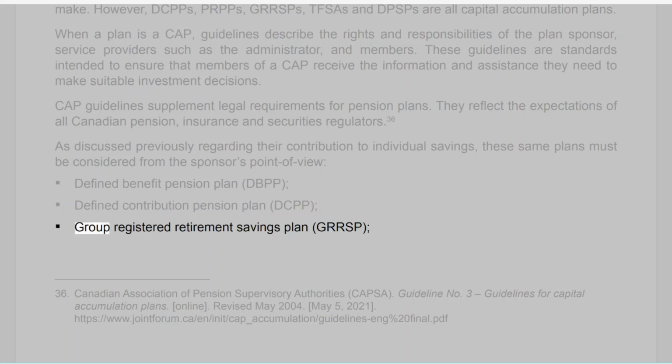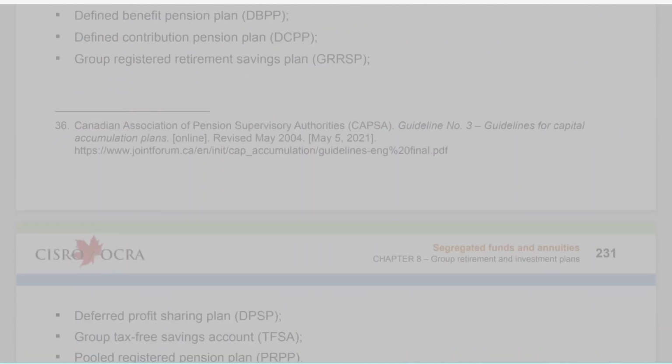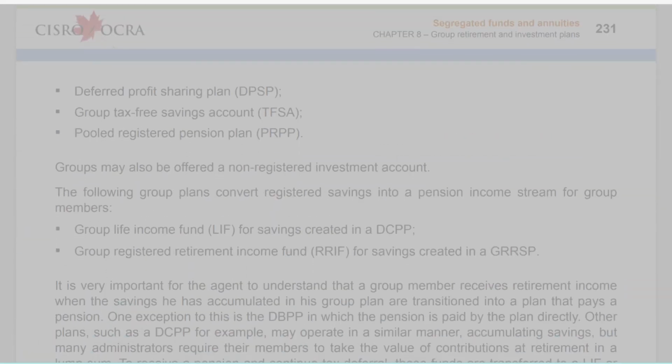Group Registered Retirement Savings Plan, GRRSP. Deferred Profit Sharing Plan, DPSP. Group Tax-Free Savings Account, TFSA. Pooled Registered Pension Plan, PRPP. Groups may also be offered a non-registered investment account.